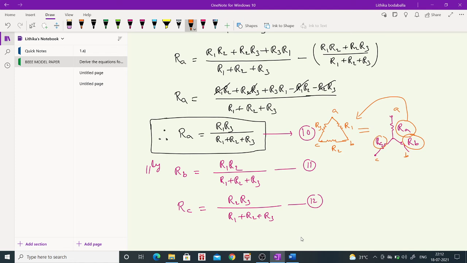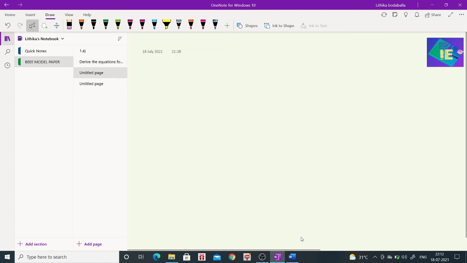Okay. Now, for example, if you know the star values now, and you want to convert them into delta, then what you have to do? Let me go to a new page. So now what you know is RA, RB and RC. You want to find R1, R2 and R3.